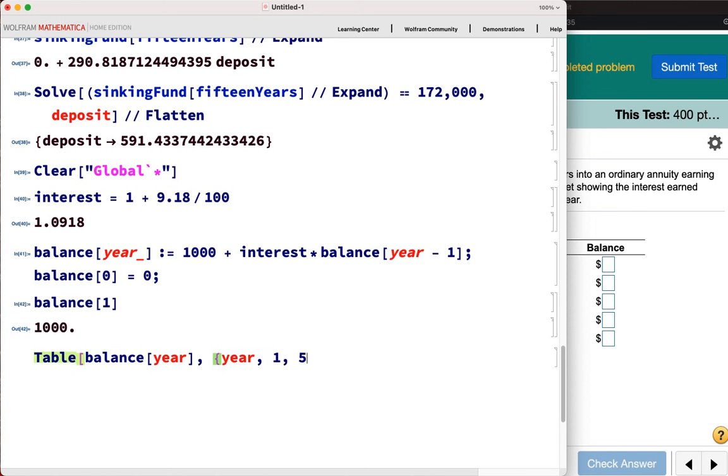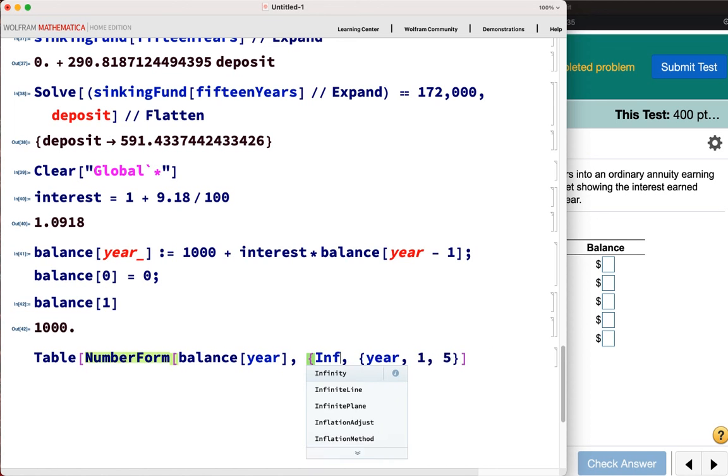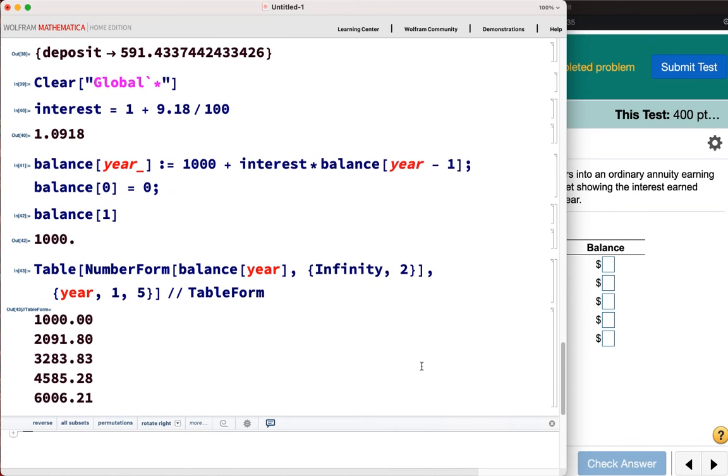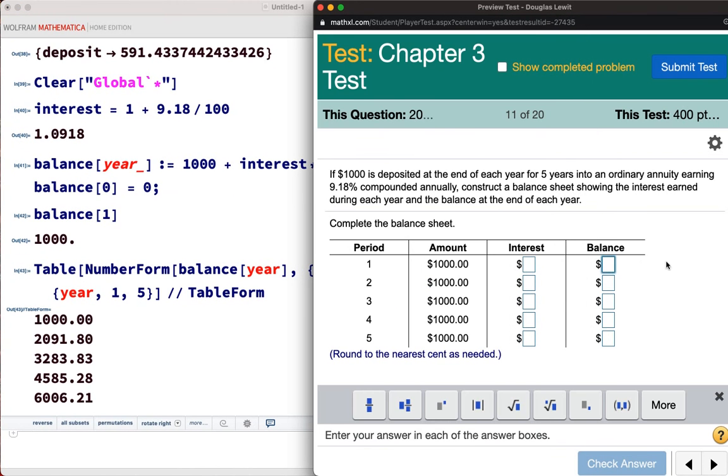Year goes from 1 to 5. In here, let's do number form. Infinity 2. Okay, so we have $1,000.